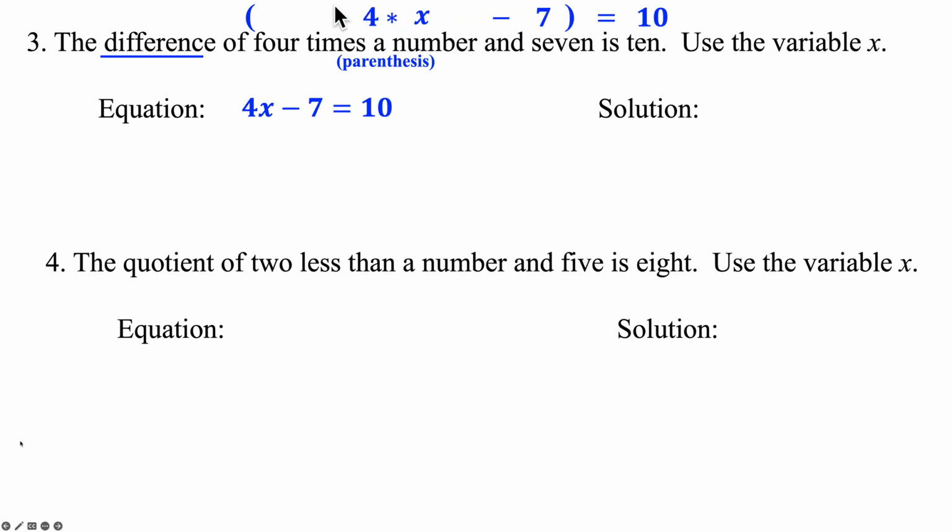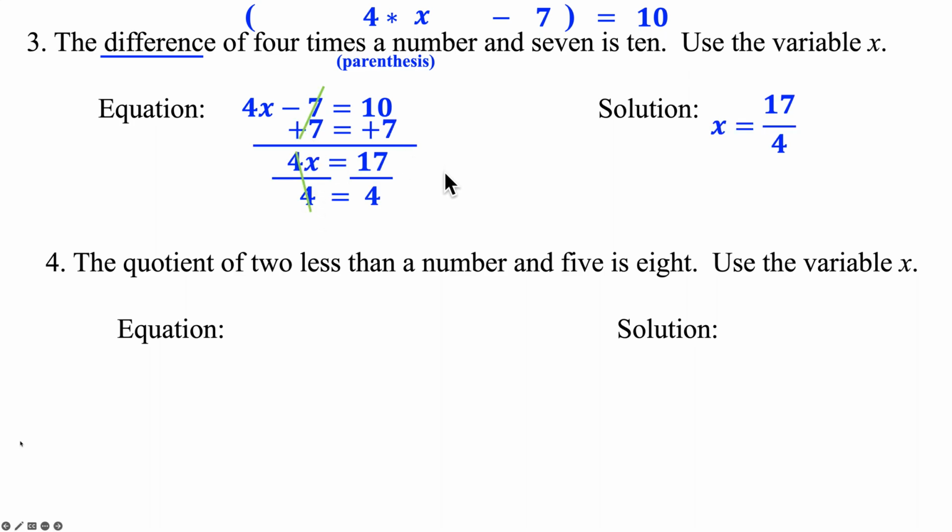So since nothing's being multiplied to the parentheses, we can drop them and just leave it as 4x minus 7 is equal to 10. It's always good practice to put parentheses there because you never know what's going to happen in front of them or after them. Add over the 7 to get 17, divide by 4 to get 17 fourths.